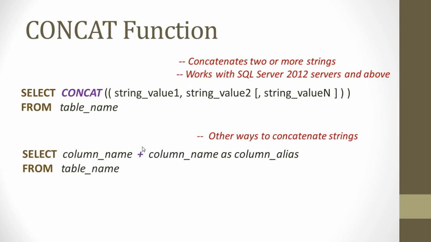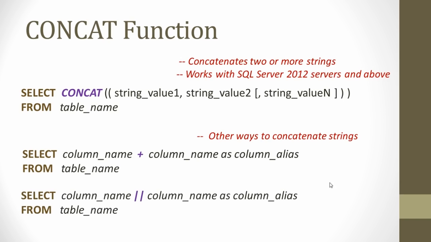Other ways, you could use the plus sign, which is what we already dealt with, but we could look at some examples again. Now these two parallel lines are something that certain systems or programming languages use, but this doesn't work in SQL. So only the plus sign works right now for my case.